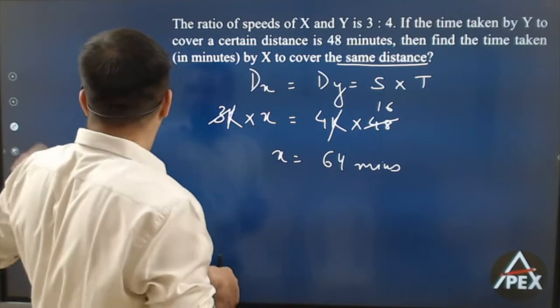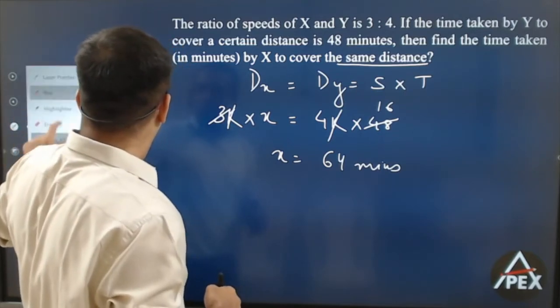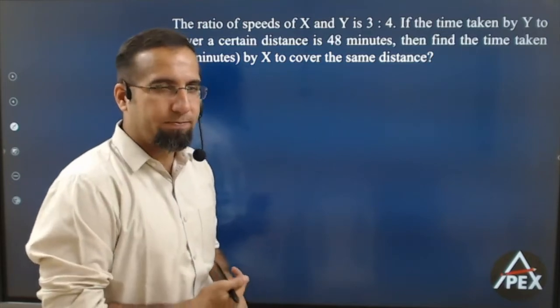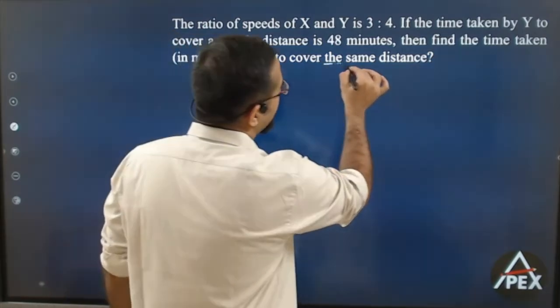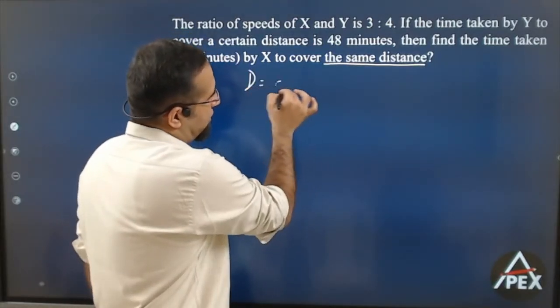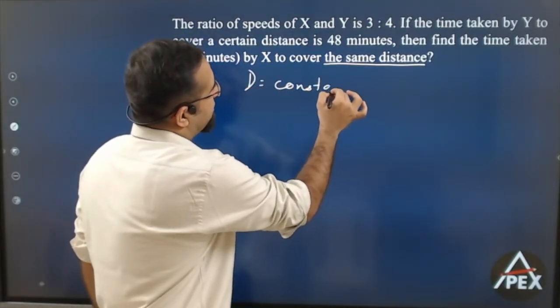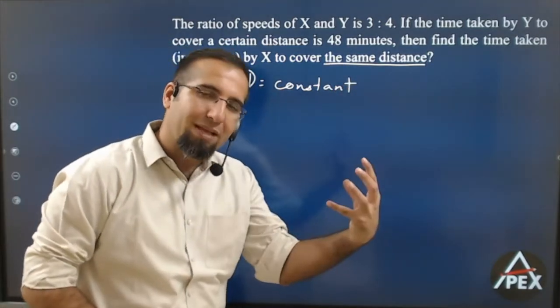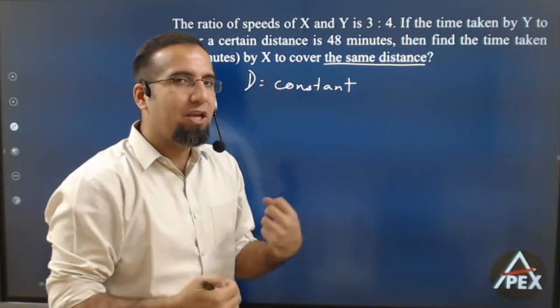Now please understand, speed, distance and time are proportional to each other when the third thing remains constant. As it's said in this question, distance is constant. Now when distance is constant, what will be the relationship between speed and time? If I'm going at a faster pace, the time taken would be reduced, right?